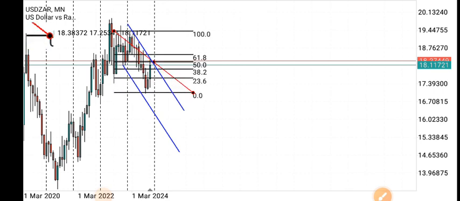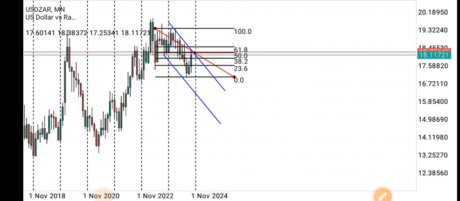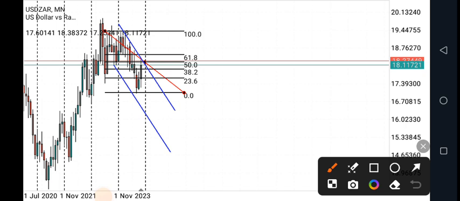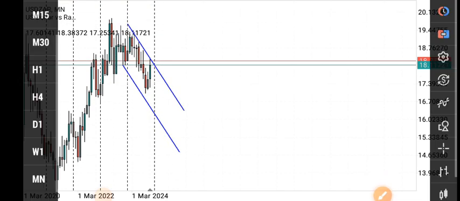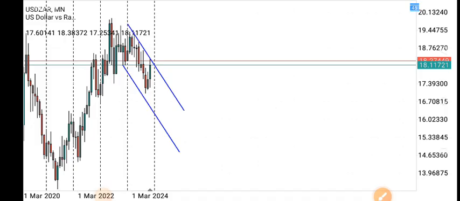We can see actually that the neckline, if I can just mark it again, which is over here of this double top or M structure, aligns with, at this point in time, the 50% retracement level in regards to Fibonacci. And that's confluence and confirmation in as far as looking for potential sell opportunities go, where we have that very strong level of resistance, which is also the neckline of this double top over here, right?